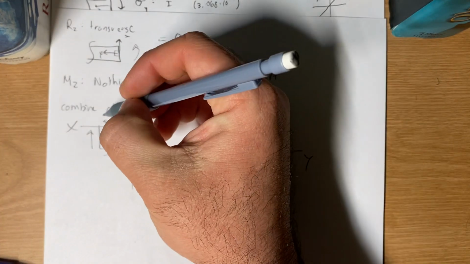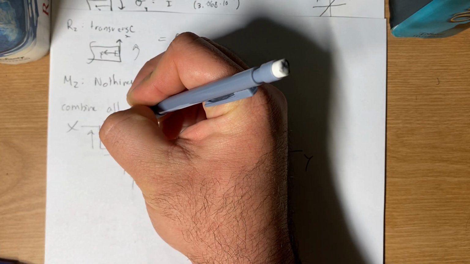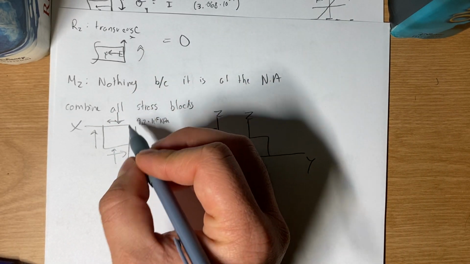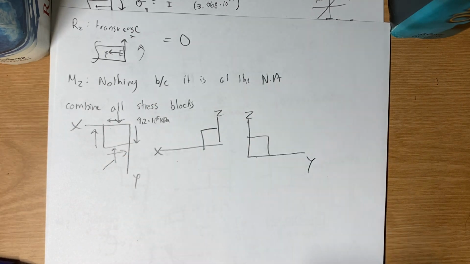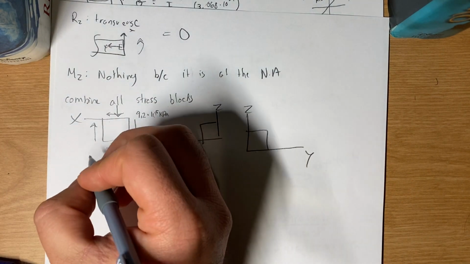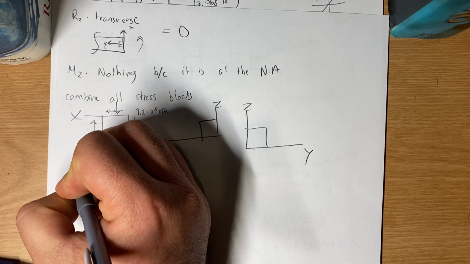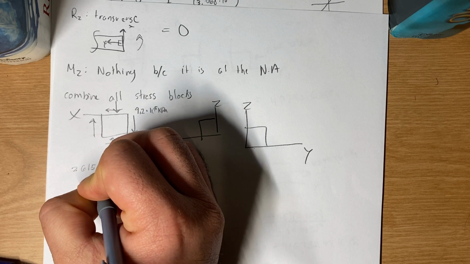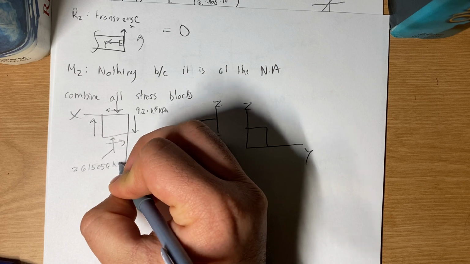If I do that, I actually get something that looks like this, going this way. Since I don't have room, I'm just going to write it here. So this is actually going to be 26,1525.6 kilopascals.